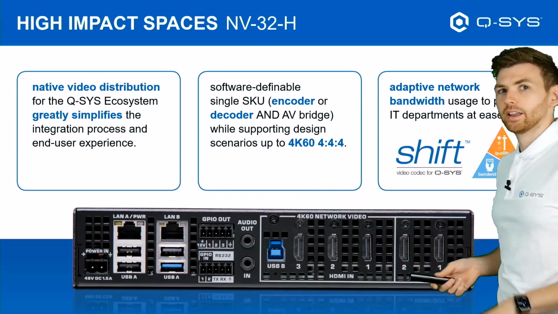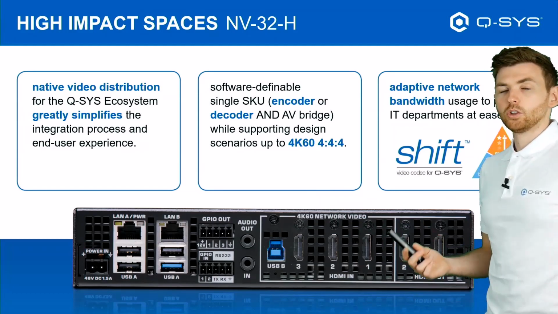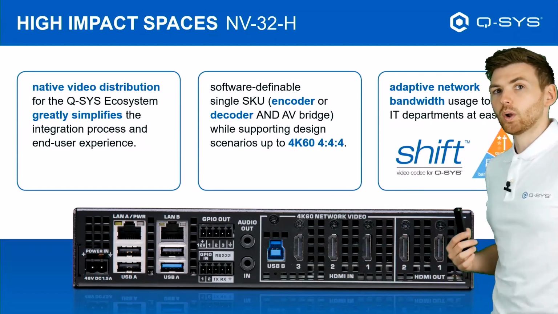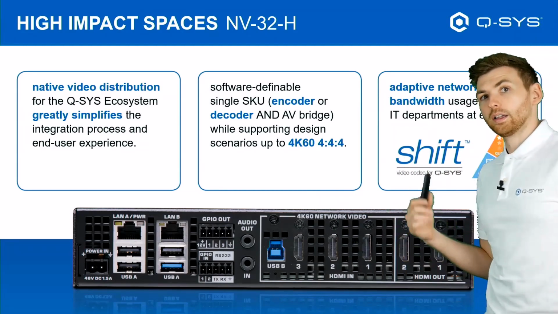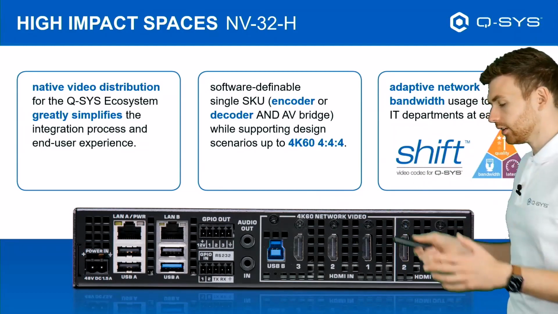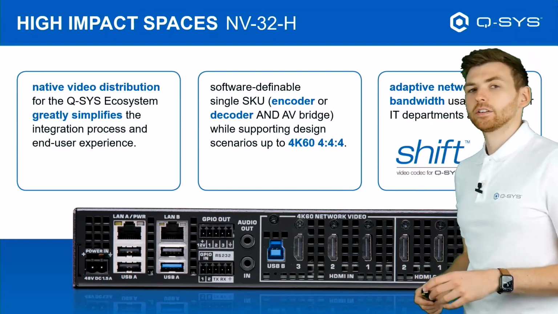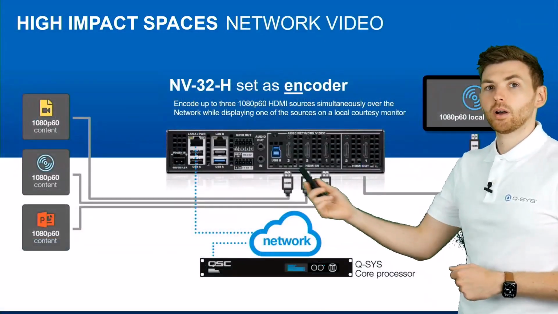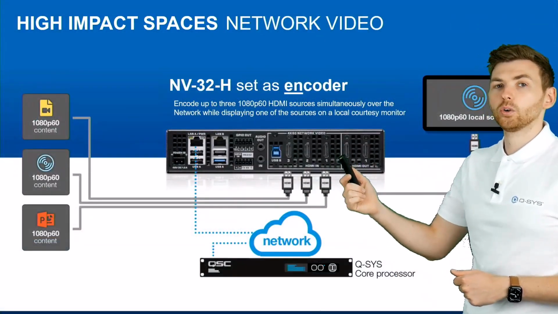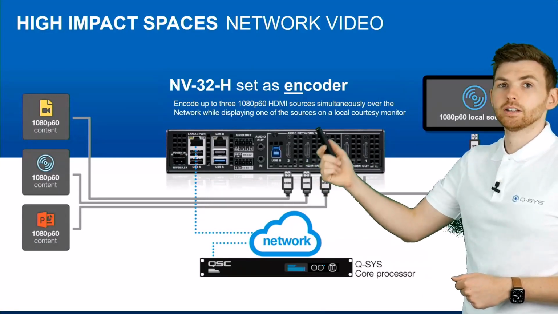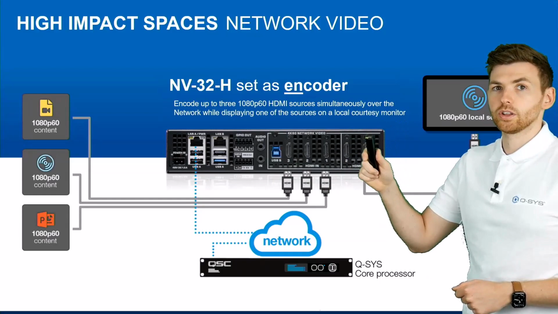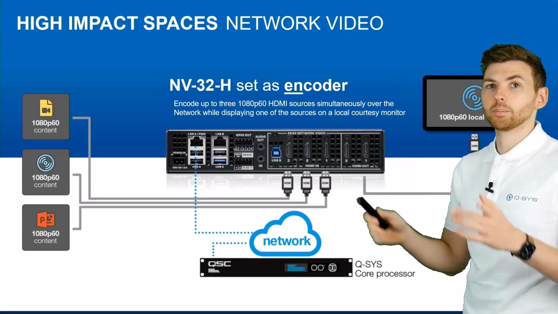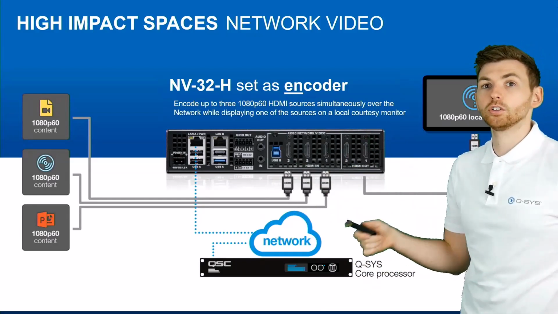You've got 3 ins and 2 outs, and this one product can be configured as an encoder or a decoder. As an encoder, you can have 3 HDMI connections all get encoded independently as 3 separate sources up to 1080p60 resolution, and they all go off to the network independently. So it's really like having 3 encoders in one.